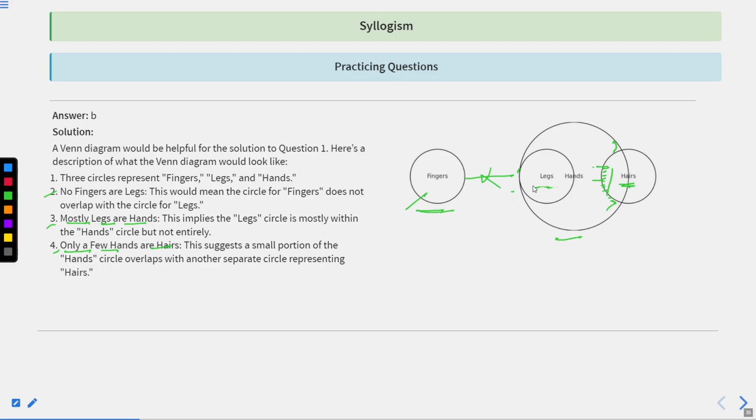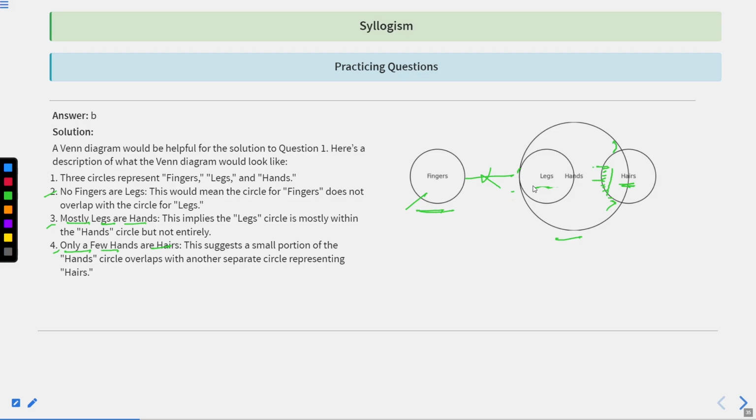So please, students, keep this in mind: whenever you are solving a syllogism, we need to stick only to the statements that have been provided, not the conclusion. You need not see the conclusion at all. First and foremost, after reading the statements, just try to draw the Venn diagram.